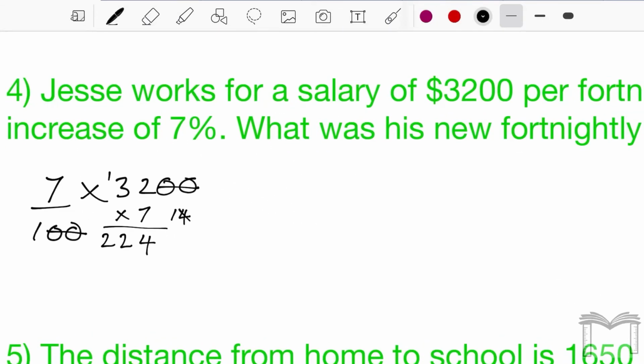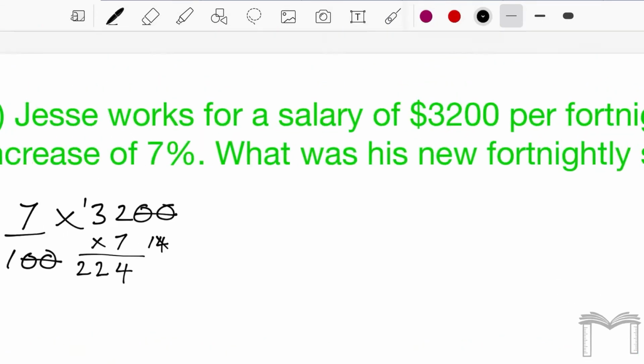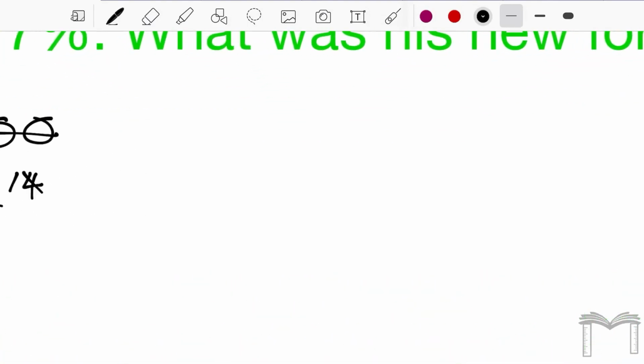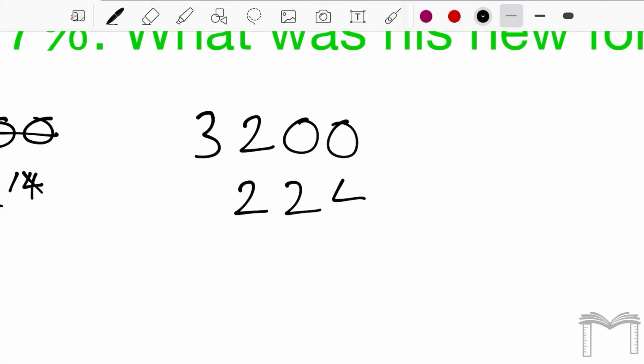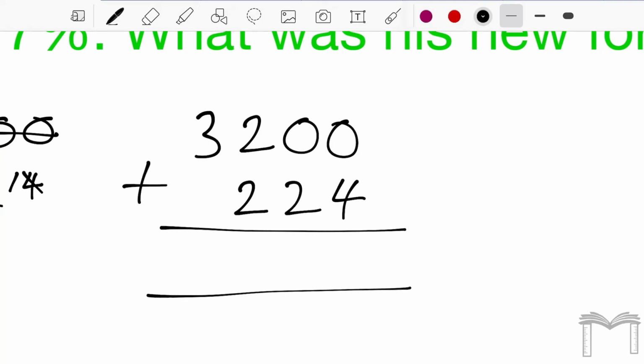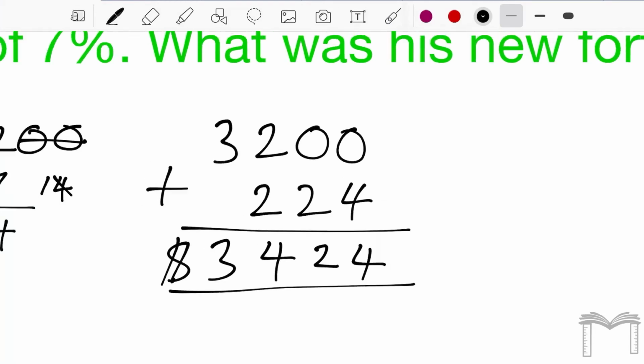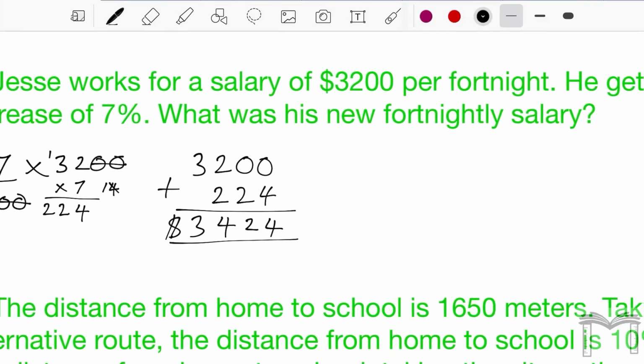So the increase is $224. So he is now getting an additional $224 to his salary. So we will add this. His new salary is $3,424.